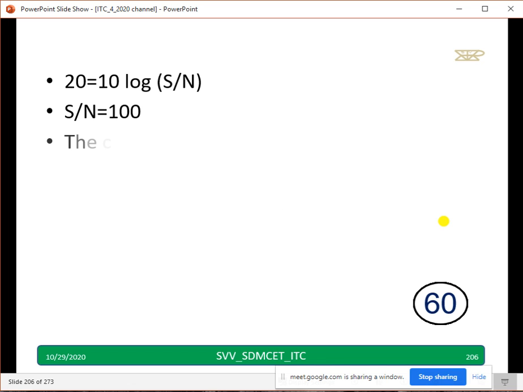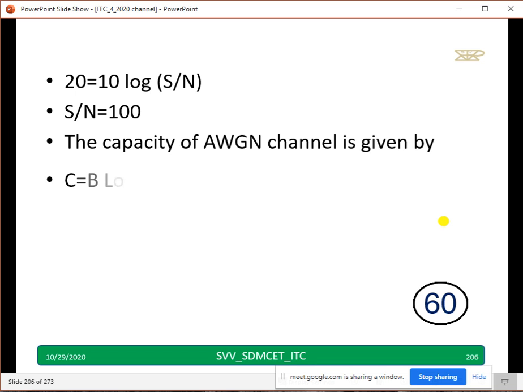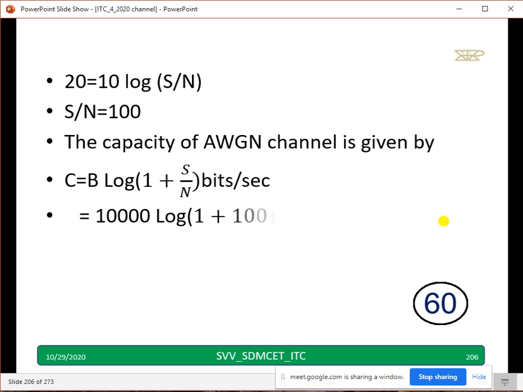20 equal to 10 log S by N, so I calculate S by N equal to 100. And the equation we know, C equal to B log 1 plus S by N. Simply fill the values and find out C. Therefore, S by N equal to 100, and the capacity of the AWGN channel is given by C equal to B log of 1 plus S by N bits per second.